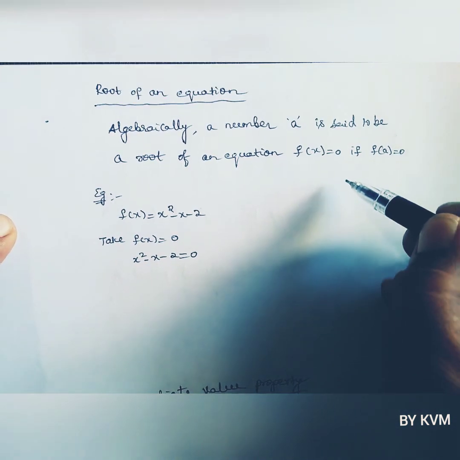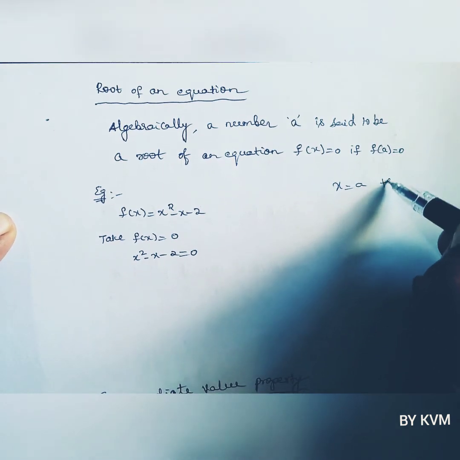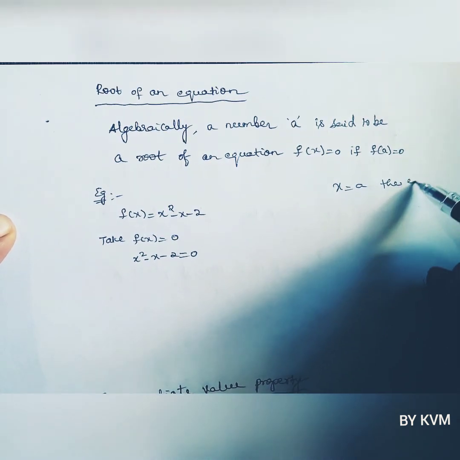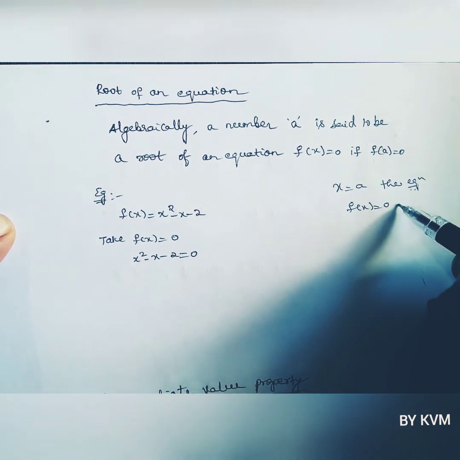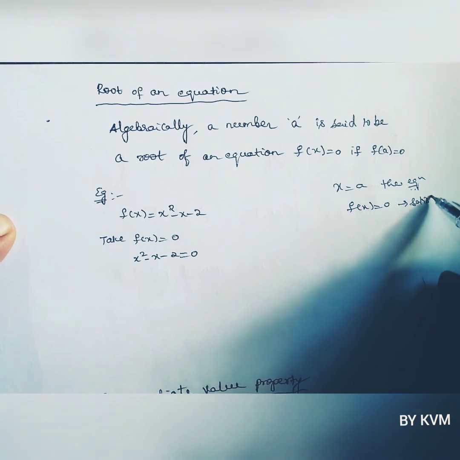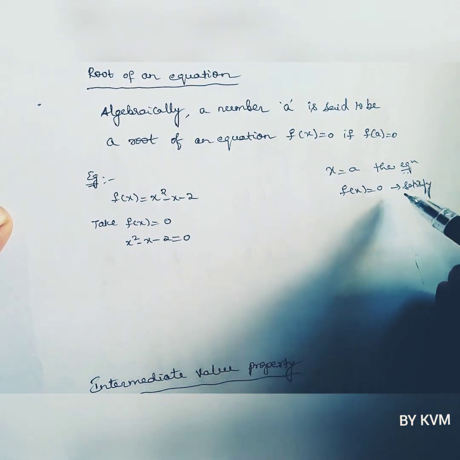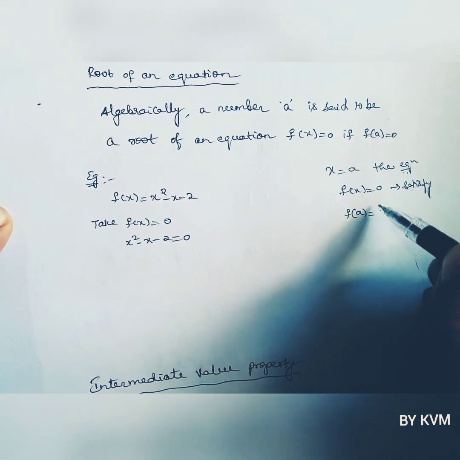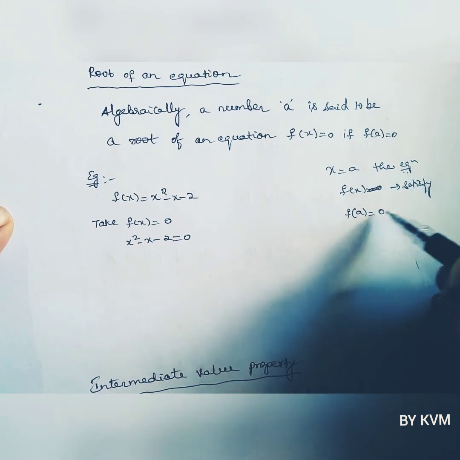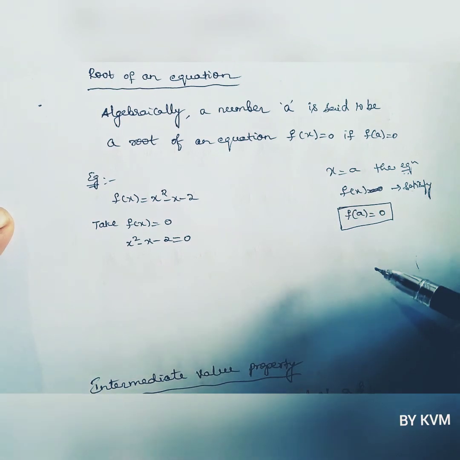That means when you put x equals a, the equation f of x equals 0 should satisfy. That is, the equation should become 0. You should get 0. Then only we can say that a is a root of the function f of x.